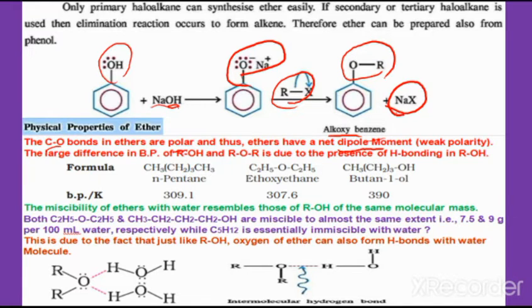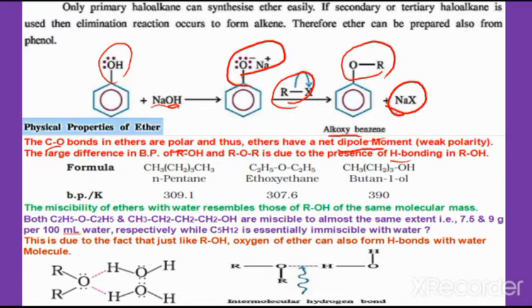Due to this, a boiling point difference is also observed between alcohols and ethers. Alcohols have hydrogen bonding, but in ethers hydrogen bonding is very slightly present.